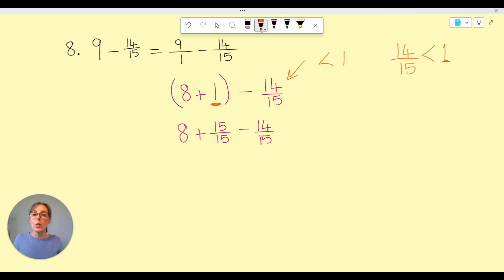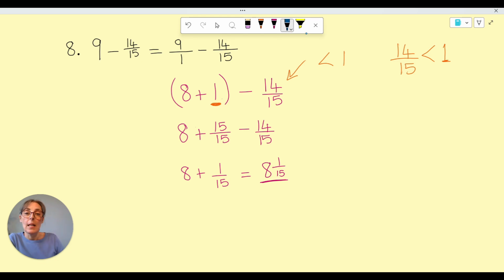So if it's less than 1, I can work with it. So I've got 8 plus 15/15 take away 14/15 is 1/15. So that's 8 and 1/15 is your answer.